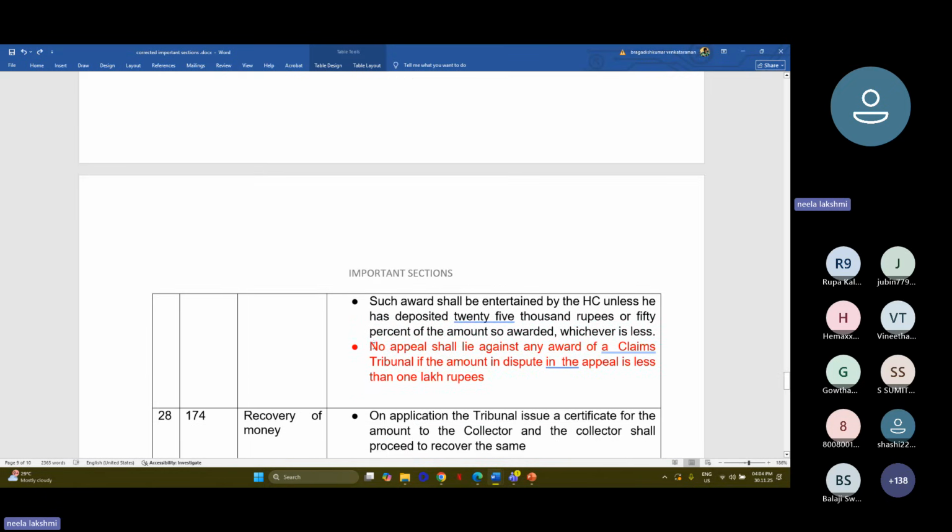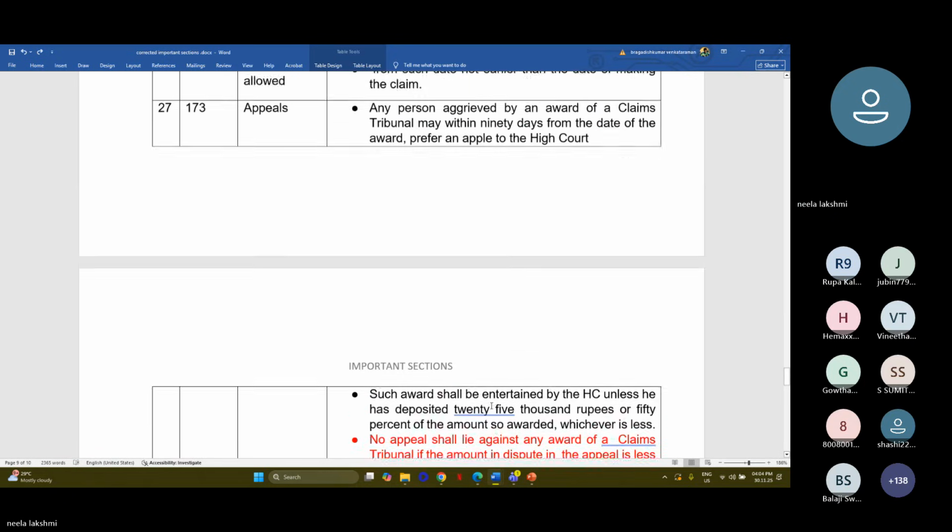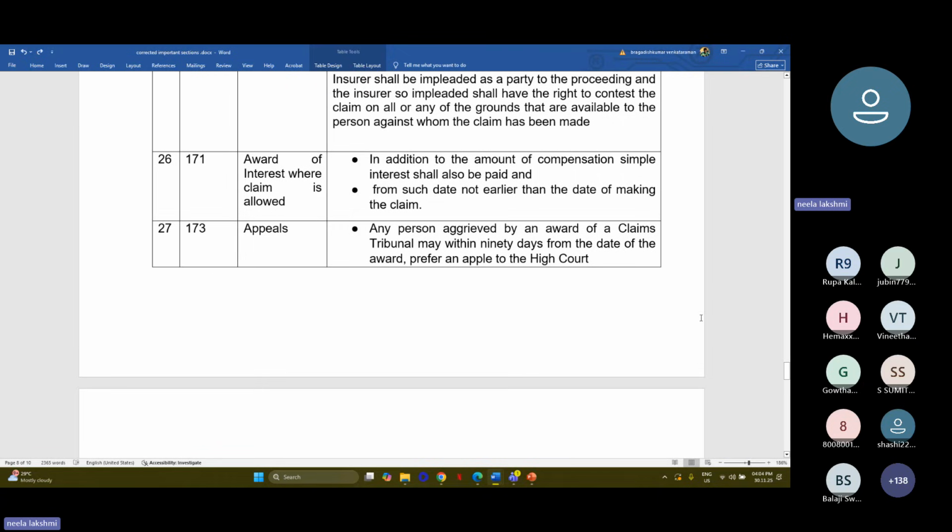Next one, it is a new amendment. No appeal shall lie against any award of a claims tribunal if the amount in dispute is less than 1 lakh rupees. That means only awards of more than 1 lakh rupees can be appealed against. This is a new provision as per the amended Act. Okay, appeals very, very important.